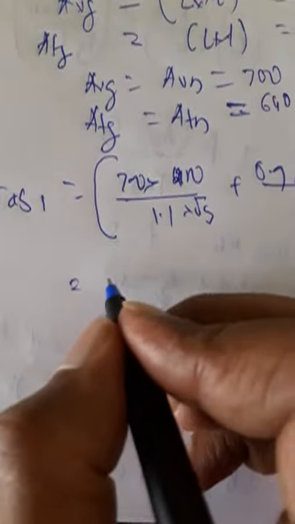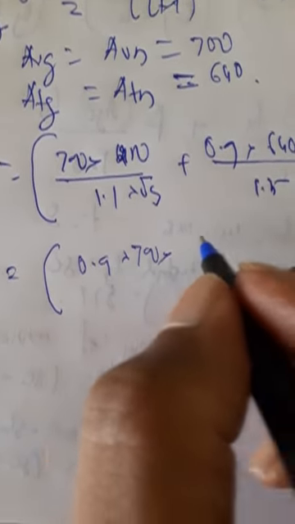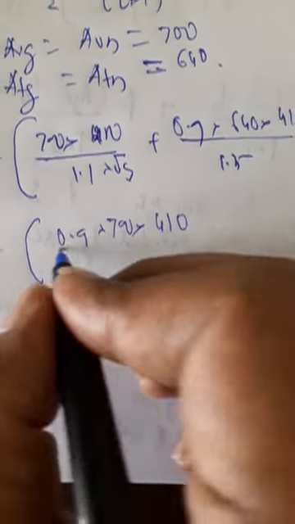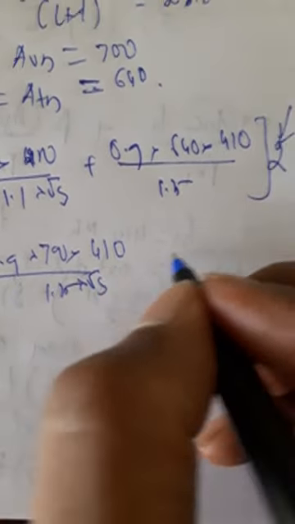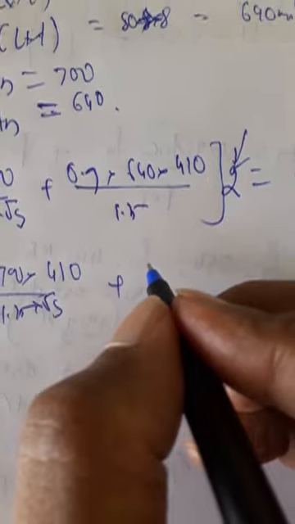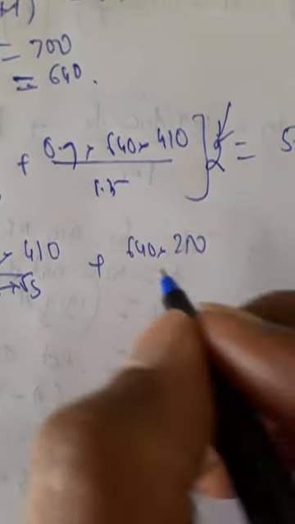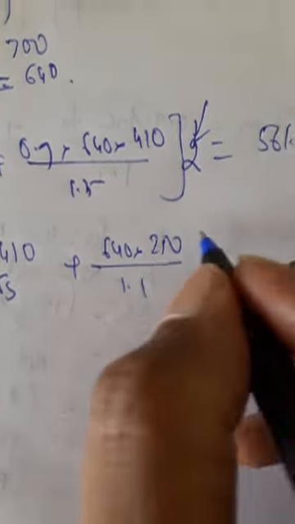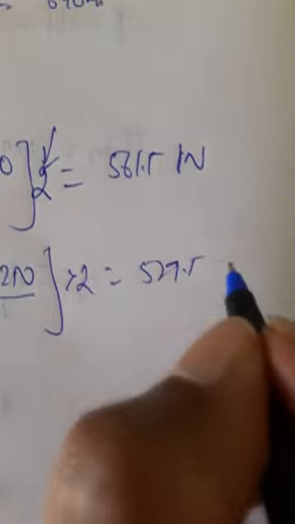Similarly, second equation I have 0.9 AVN 700 into FU 410 divided by 1.25 into root 3 plus ATG 640 into FY 250 divided by 1.1 multiply by 2, 529.5 kilonewtons.